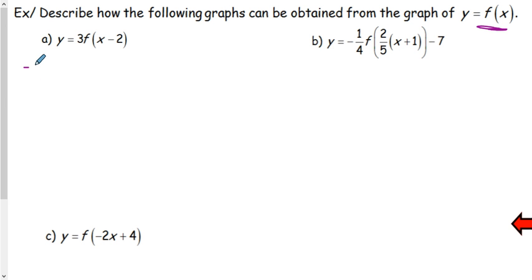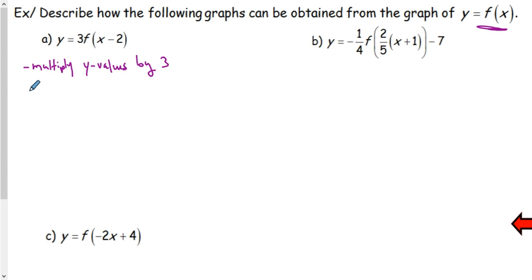So my 3 out front is going to multiply all of my y values. So I'll say multiply y values by 3. And it's positive 3. So nice and simple. I take all my y values of what my function would be, say I had a table of values, and I would just multiply them by 3.